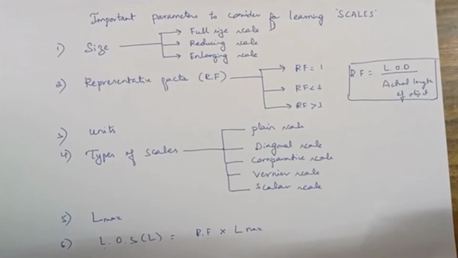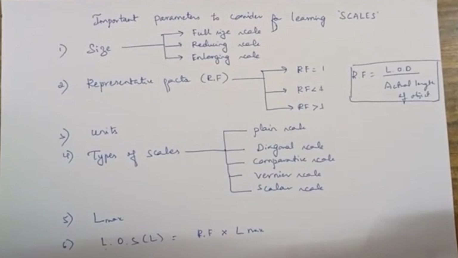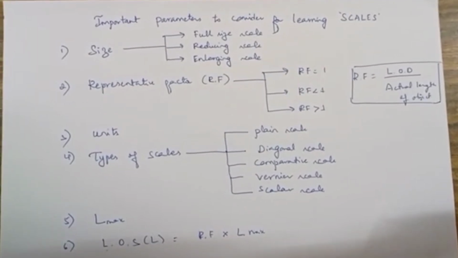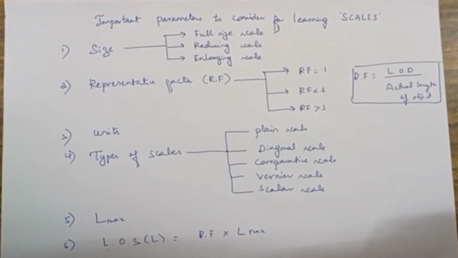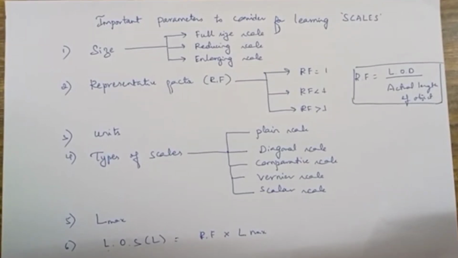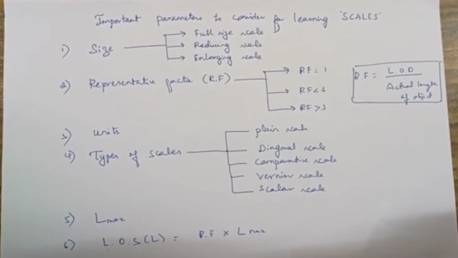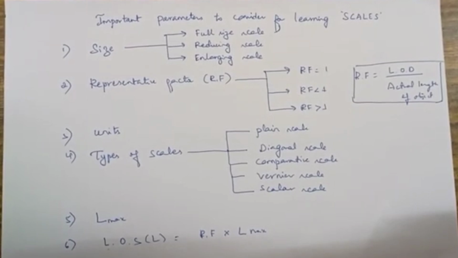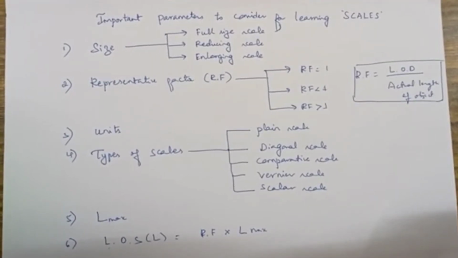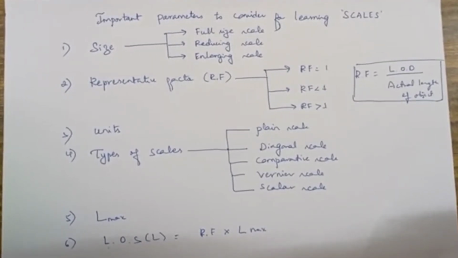Important parameters to be considered for learning scale. There are 6 important parameters: size, representative factor, units, types of scales, maximum length of the object, and length of the scale. In the sizes we have 3 types: full size, reducing scale, and enlarged scale.